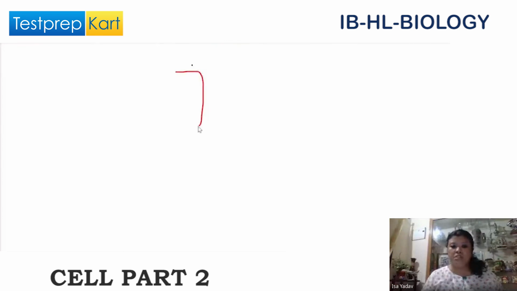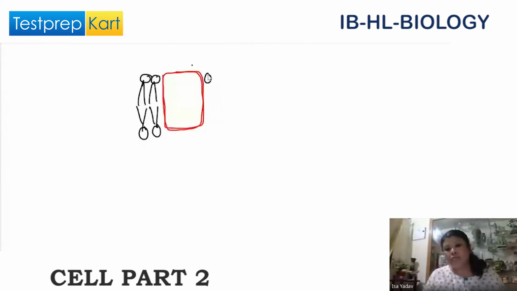This is a transmembrane protein. Next. I'll just draw a few only. That's it. Let's apply the lipid layer. I'm drawing it again.